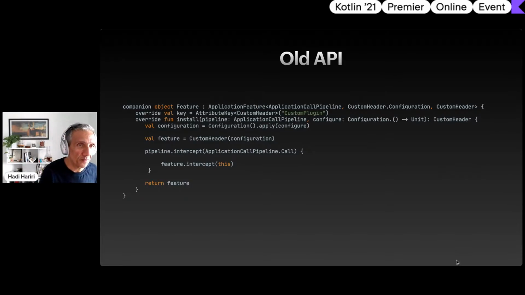I have to create an anonymous object of application, implement the interface application feature, then have this install function, and then do a whole bunch of stuff, and then have this companion, another class that is a reference class and a nested class, and it starts to become a little bit complicated, and it also gives you a little bit too much detail of the insides of Ktor, which you should not really care to know about.